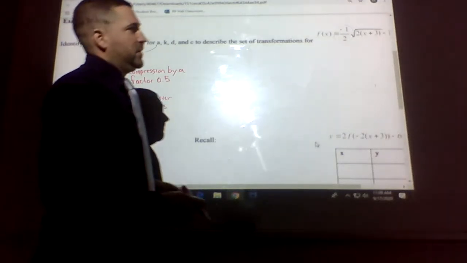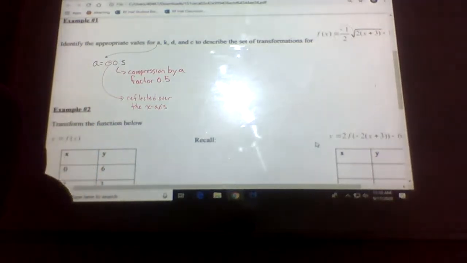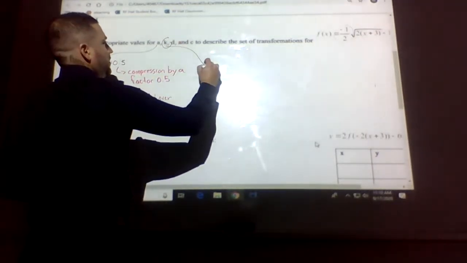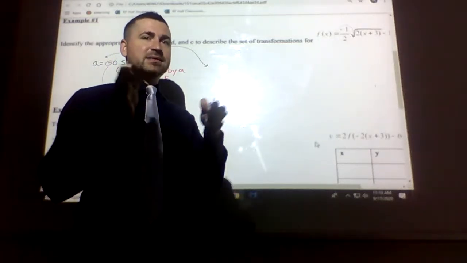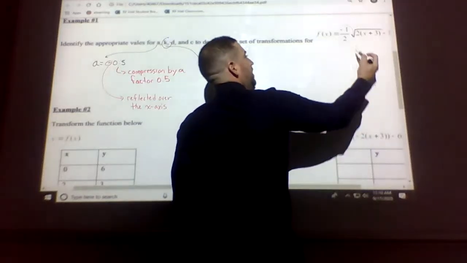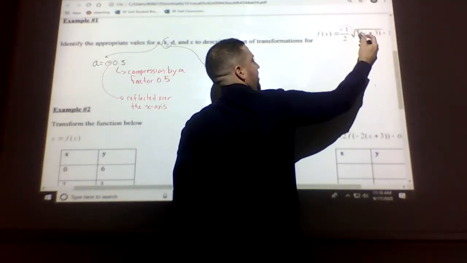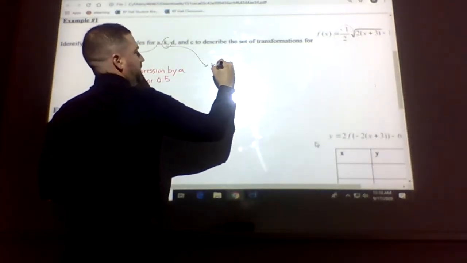Now our next one, our K value. Our K value is the value outside of the brackets but inside the function. The number outside of the bracket is the 2, but it's within the function itself, so our K value is 2.